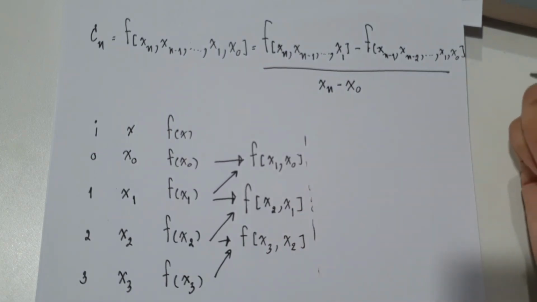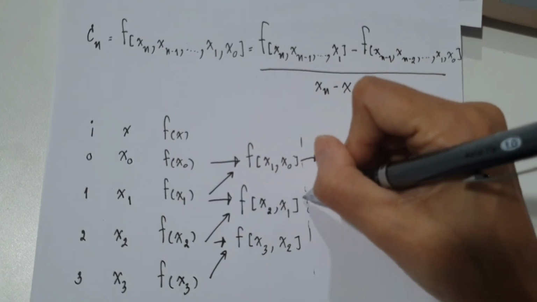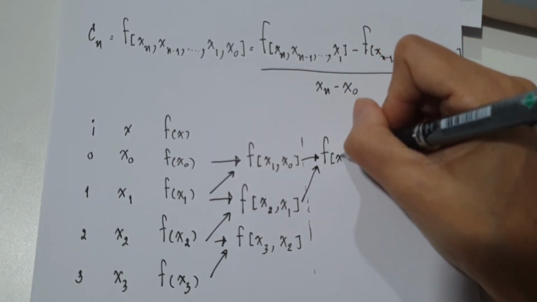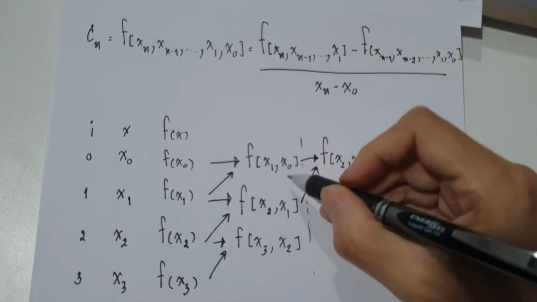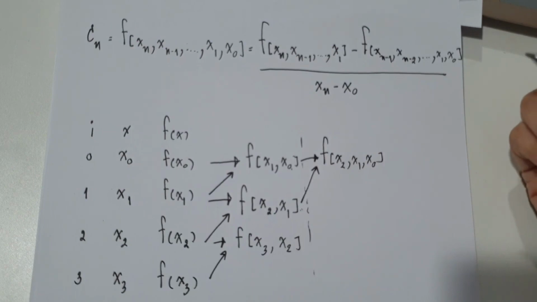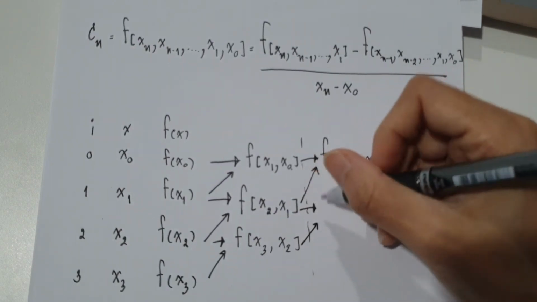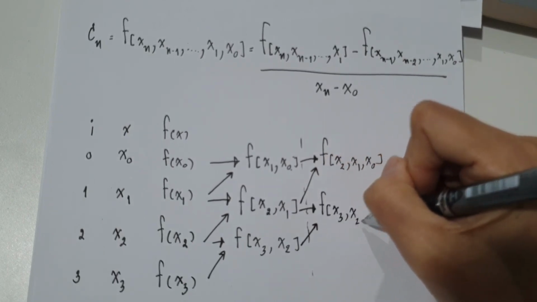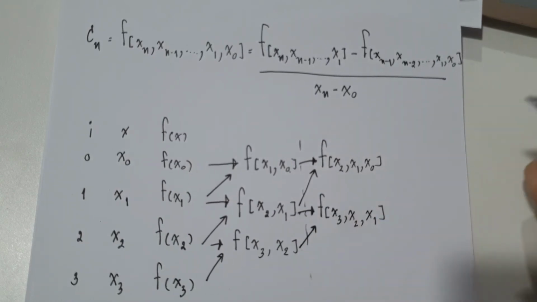This is the first round. And then what you can do is calculate f[x2, x1, x0] by using these two values. And also you can calculate this term, okay? So you get f[x3, x2, x1] from these two values.